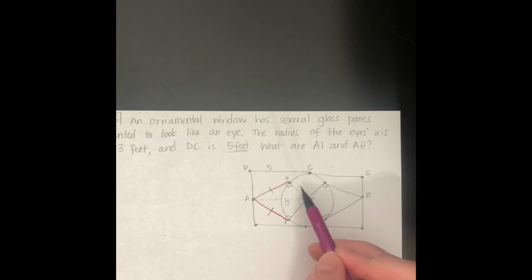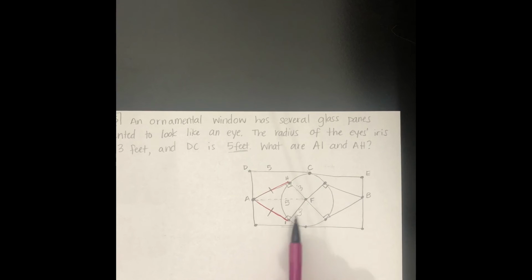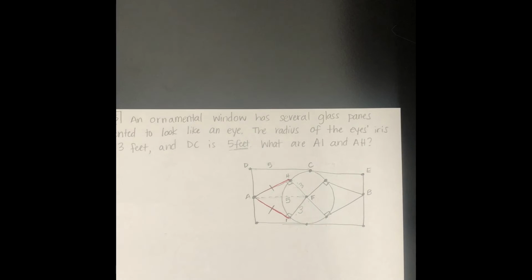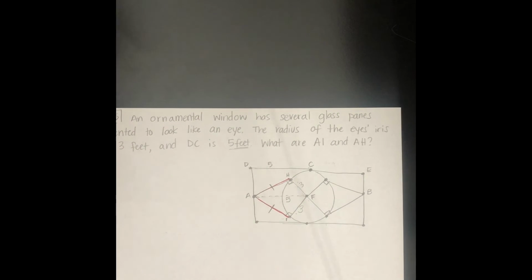And the shorter legs, this is 3. This is also 3 because it's a radius. These are all HF, IF, and these lines right here are a radius. So they're going to be congruent, 3. Now we can use Pythagorean theorem and we can solve for AI and AH. So Pythagorean theorem, if you solve this, you're going to find out the length.